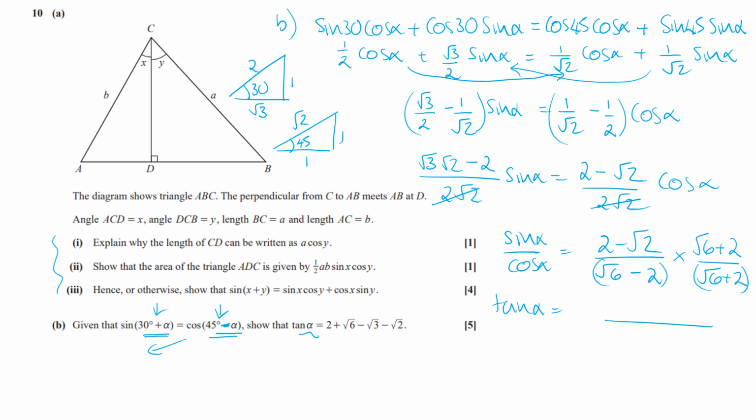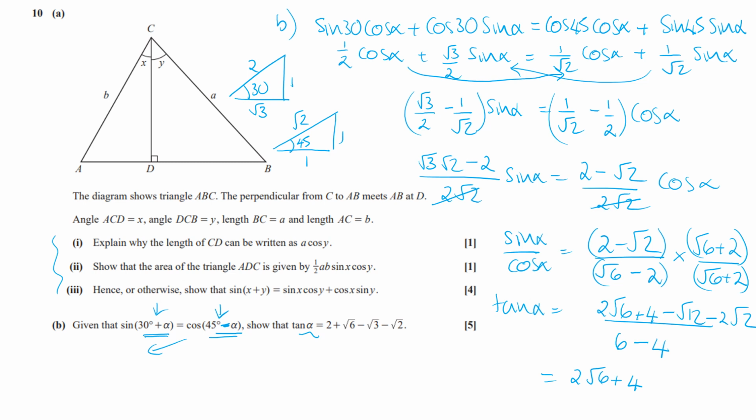So on the bottom, you're going to get 6 minus 4, which will be 2. And then on the top, you're going to get 2 root 6 plus 4 minus root 12 minus 2 root 2. So that is going to be 2 root 6 plus 4, and then root 12. Underneath the root is 4 times 3.